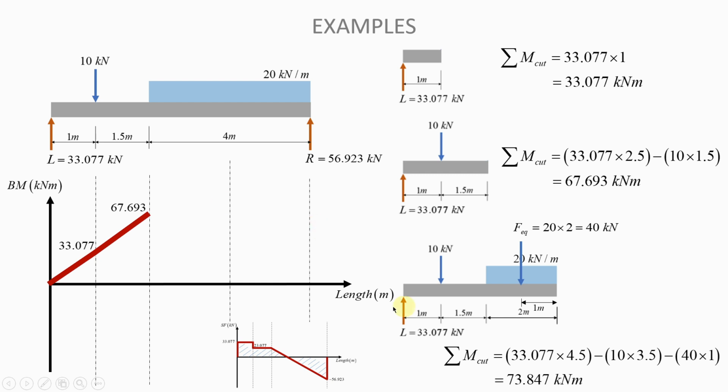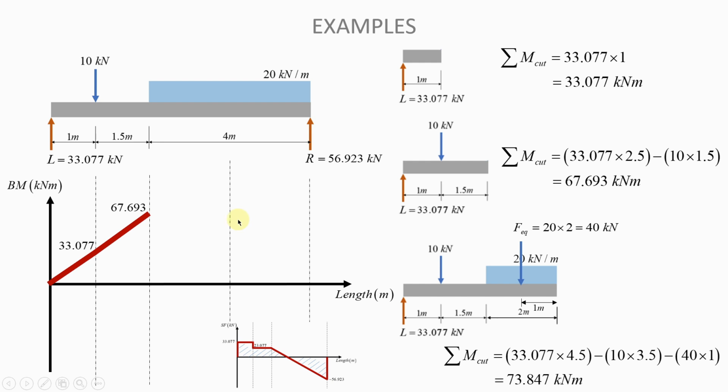But we do know that the value of our moment in the middle of the distributed load is 73.847. So here on this line, the moment when we reach here will be 73.847. But somewhere between here and here, we have the maximum value of the bending moment.